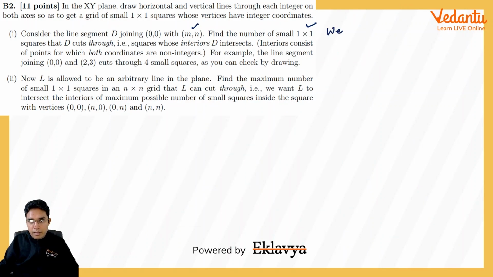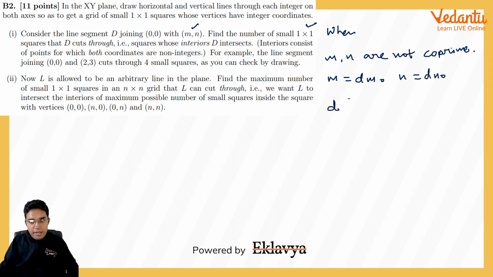When m, n are not co-prime, and then let us say m is equal to D times m naught, n is equal to D times n naught, then this answer will be D times (m naught plus n naught minus 1), with the same logic which I told you here.